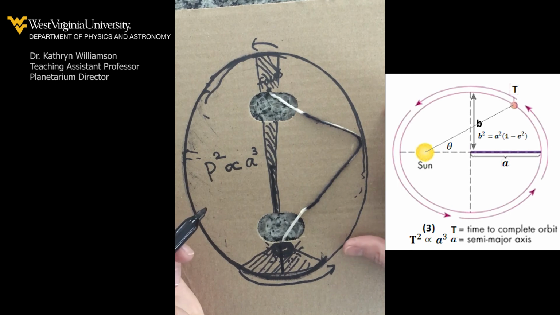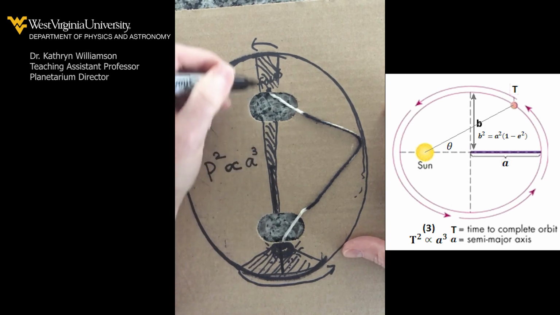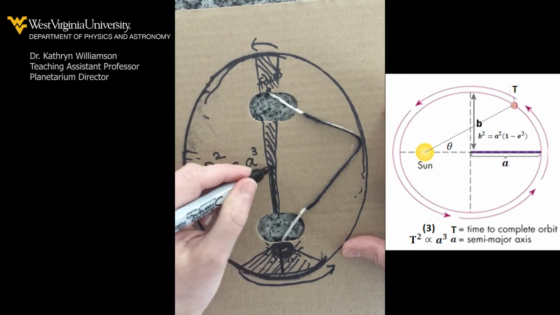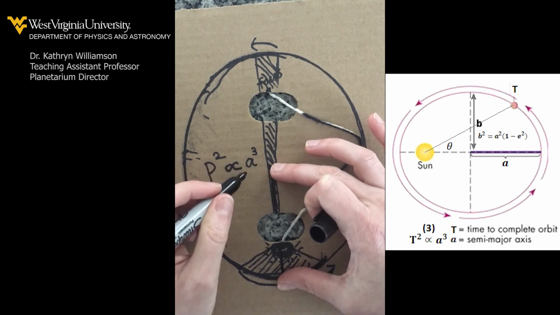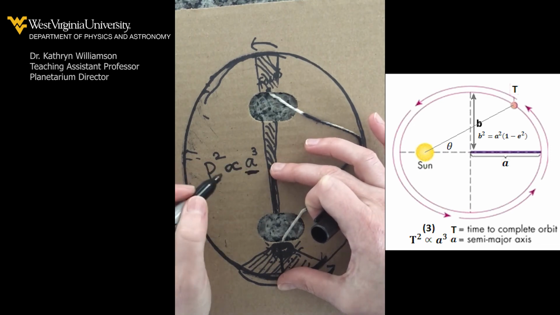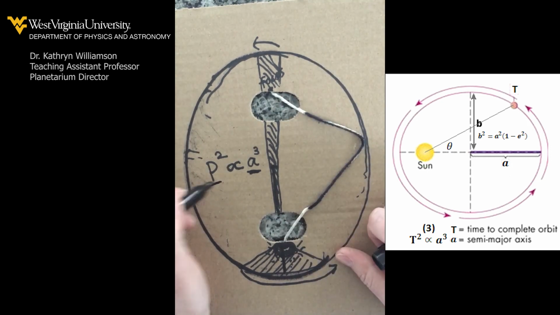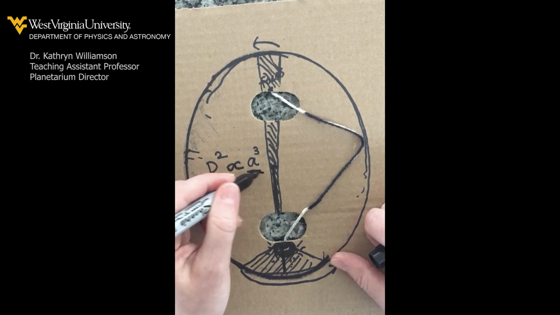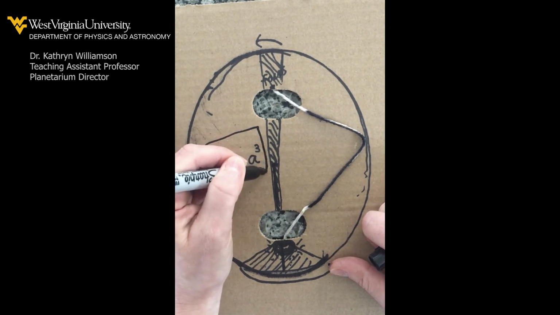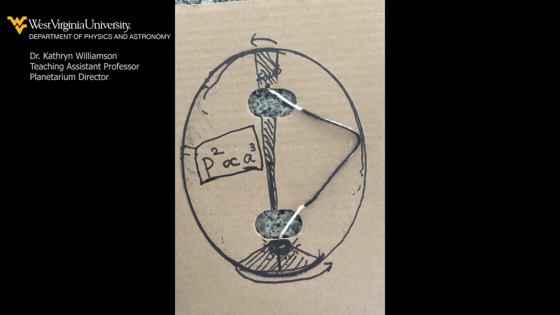That's the semi-major axis. So the major axis would be the full distance, but you take the semi-major axis, so that's this length, that's a cubed, and that's proportional to how long that object takes to go around the sun, squared, which is crazy. Look how simple this is. And it works for every single planet and every single asteroid going around the sun. And that is amazing.